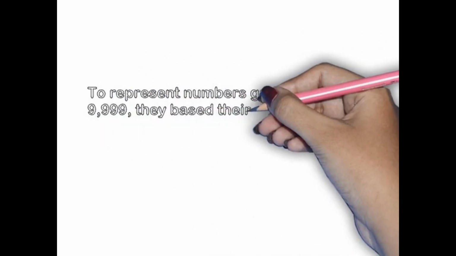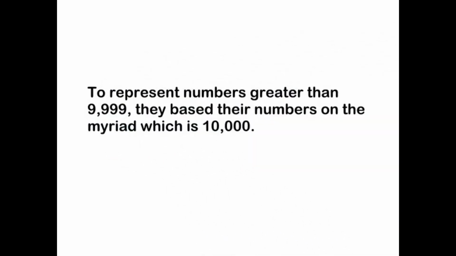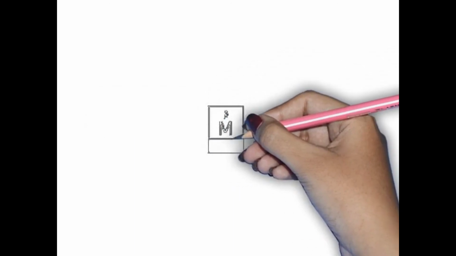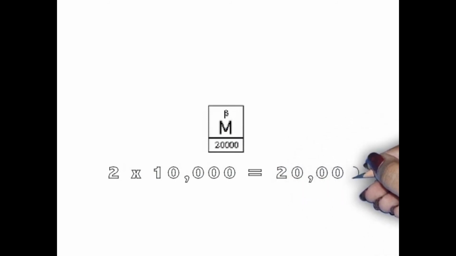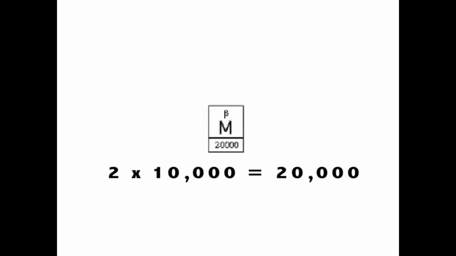To represent numbers greater than 9,999, they based their numbers on the myriad, which is 10,000. Hence, writing beta above the myriad represents 2 times 10,000, which is equal to 20,000.